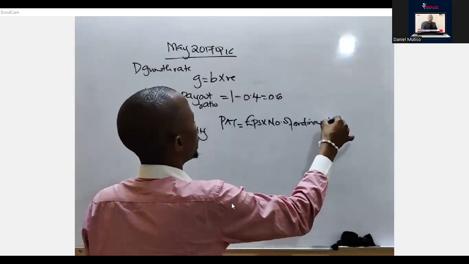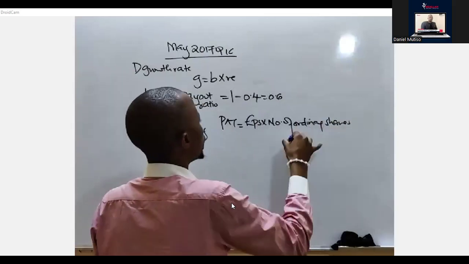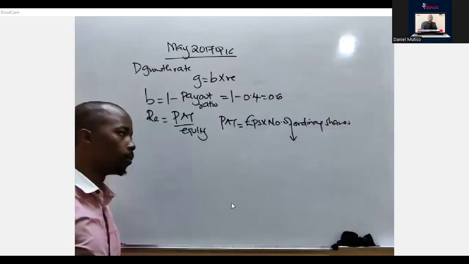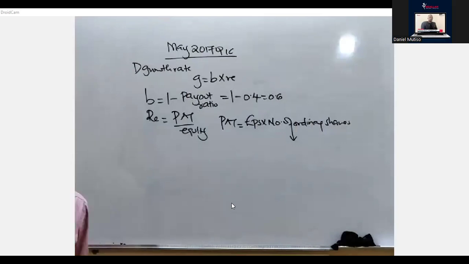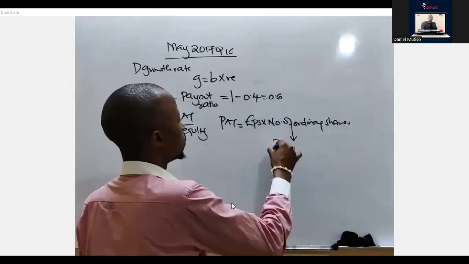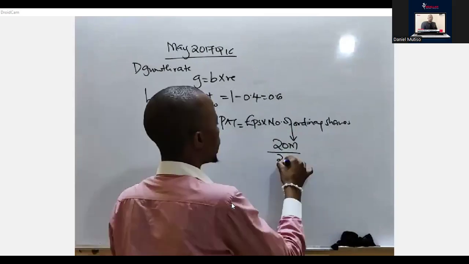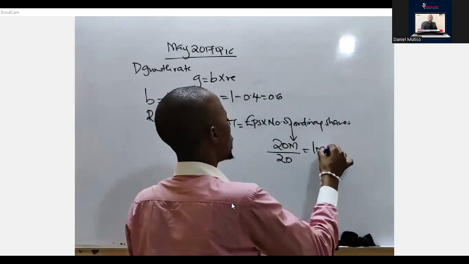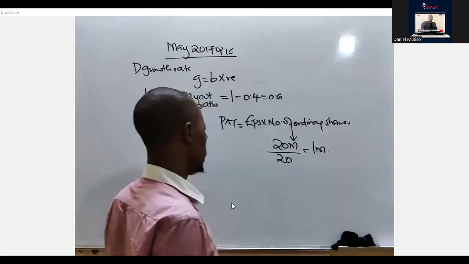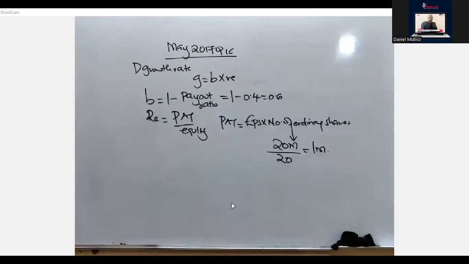But we don't have the number of ordinary shares. So we go back to the capital structure: we take 20 million, which is the total value of the ordinary shares, and divide by the par value of 20, getting 1 million ordinary shares.